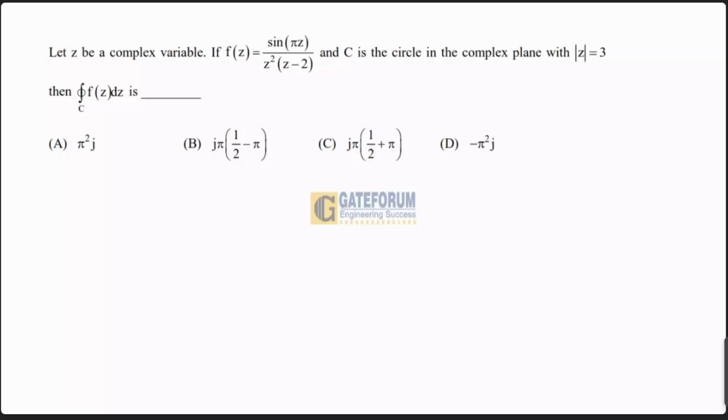The solution is: first of all, the curve C is a circle with center 0 and radius 3, mod z is equal to 3. The singular points or poles of this function are obtained by equating the denominator to 0.